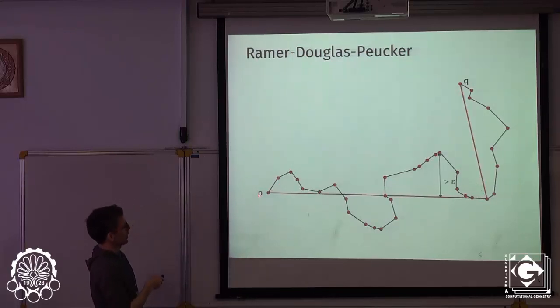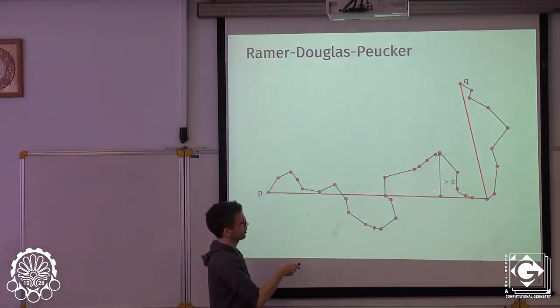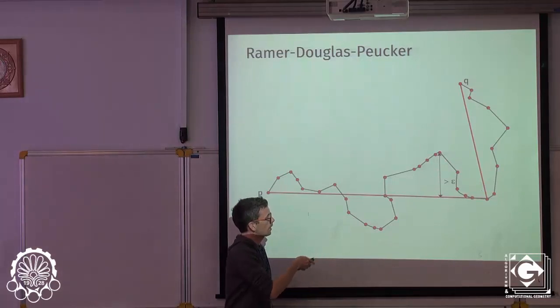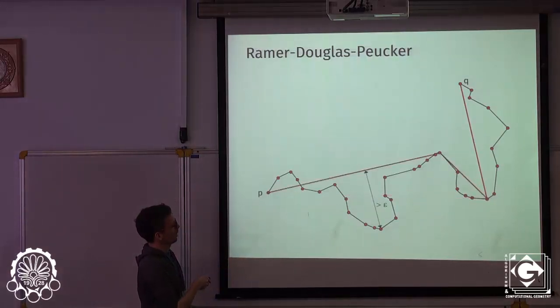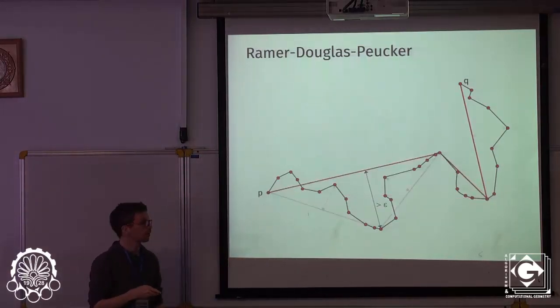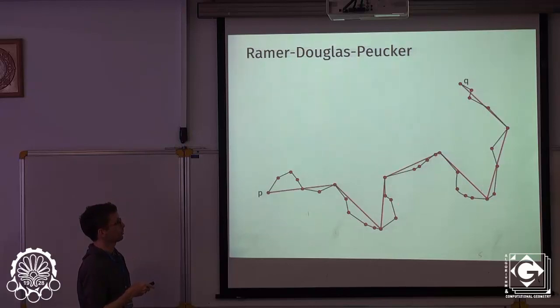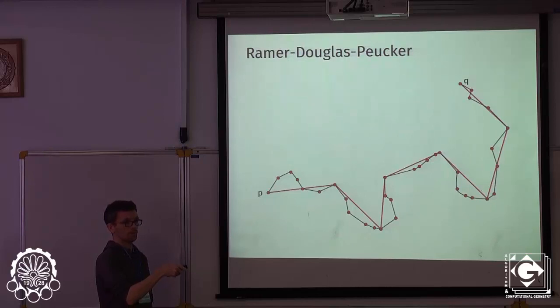Now the question is, is this a sufficiently good approximation of this part of the curve? If yes, good. In my case, I say no, and this is the reason why not. This is now the point furthest from this line segment. So I continue my recursion and so on. Eventually this would be the simplification we end up with.